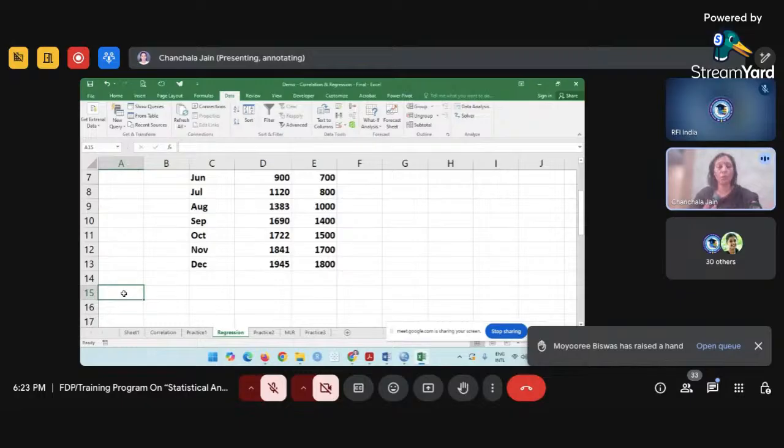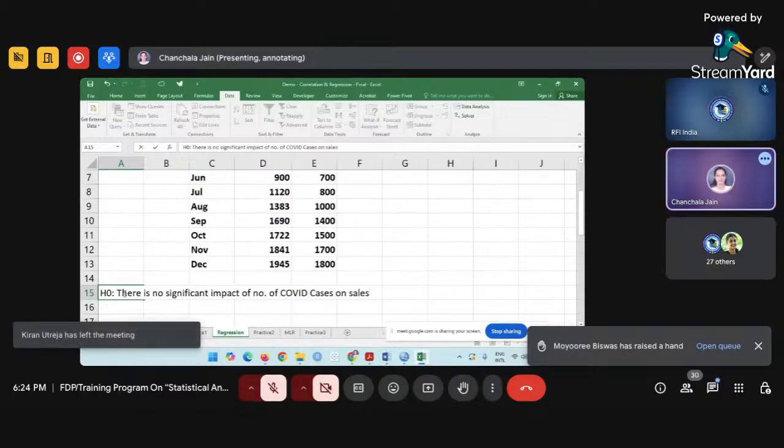Now, next we need to formulate the hypothesis. If we are interested to know, given a number of COVID cases, what mask sales can be expected by the company, here we can write: there is no significant impact of number of COVID cases on sales of masks.